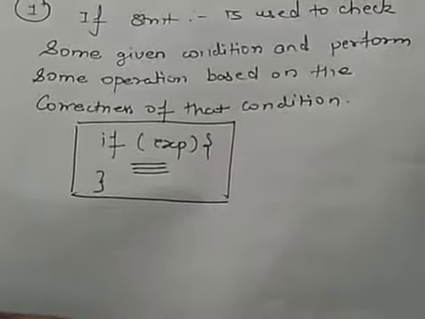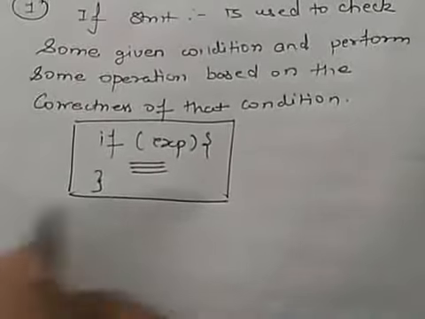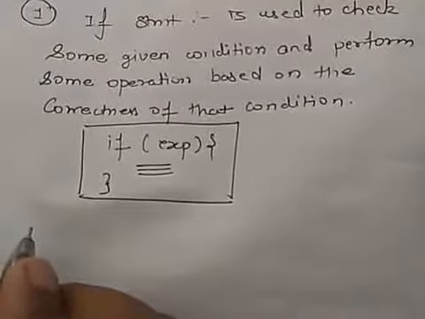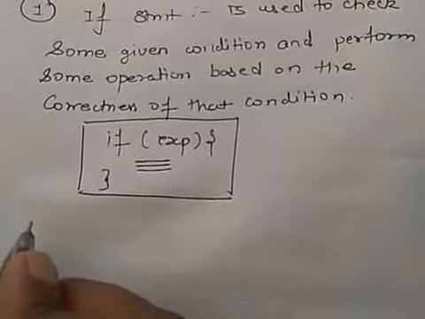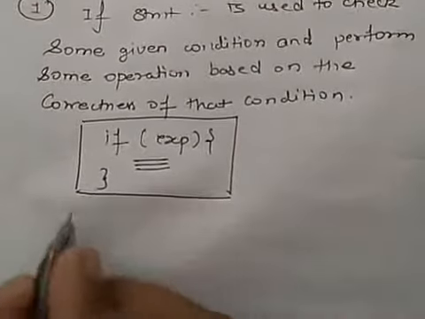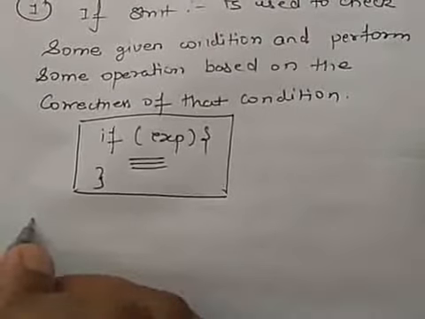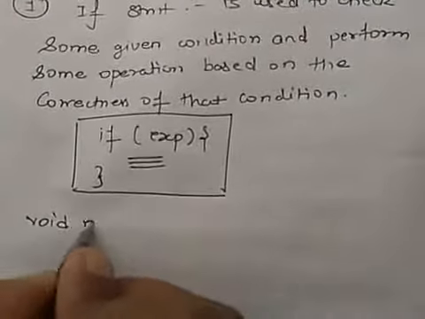Now let us see a program to find out whether a number is even or odd. So here we have to use the if condition. We have a main function.